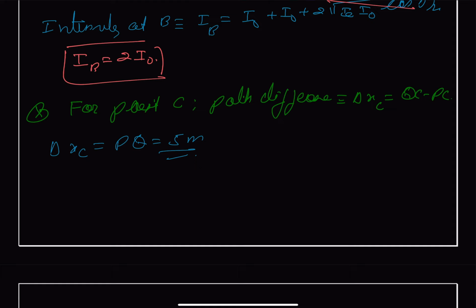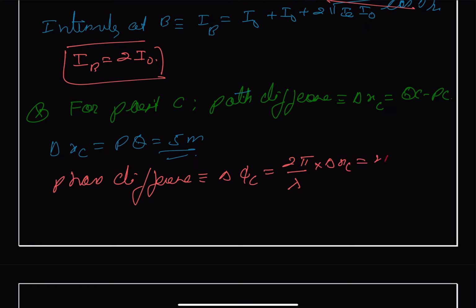And the phase difference delta phi C will be equal to 2 pi upon lambda multiplied by our delta xc.